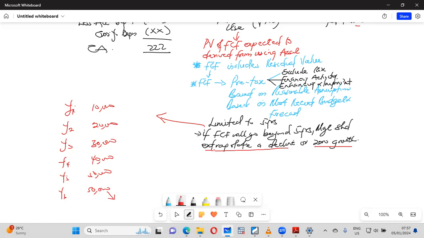Last but not least, the other thing you have to take note of is the discount factor that you are going to use to do the PV. Please, the discount factor should be a risk-adjusted discount factor. So it should be risk-specific, i.e., you have to talk about time value of money.